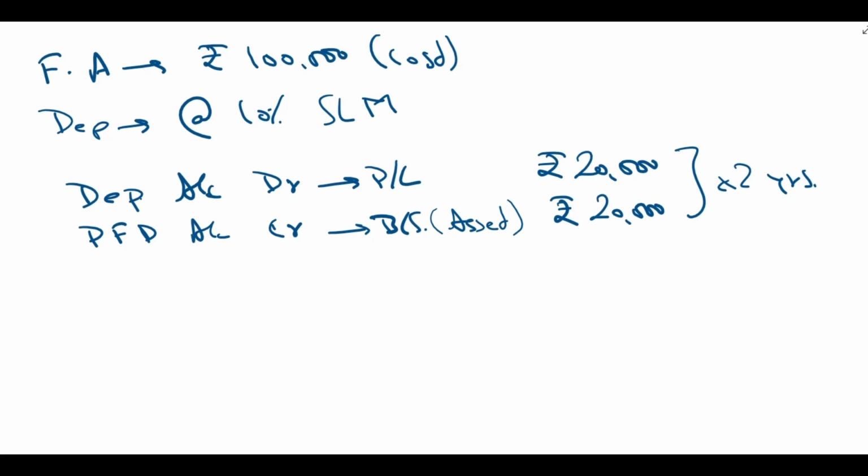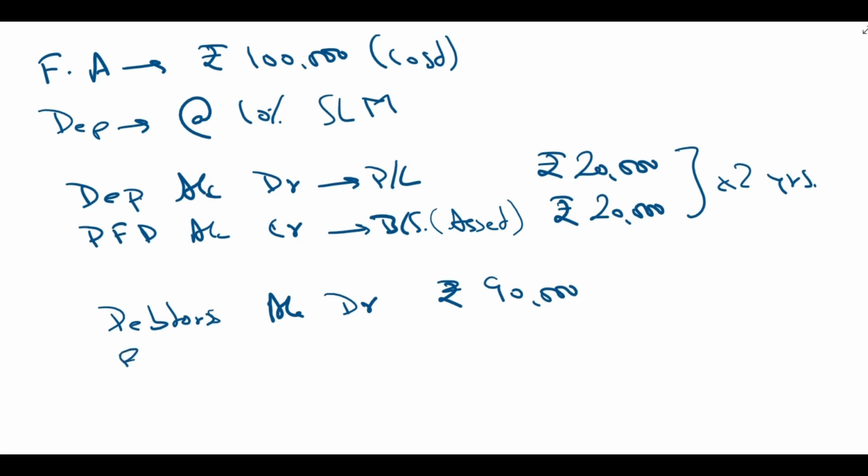So we will be creating a receivable, a debtors account debit, say 90K.